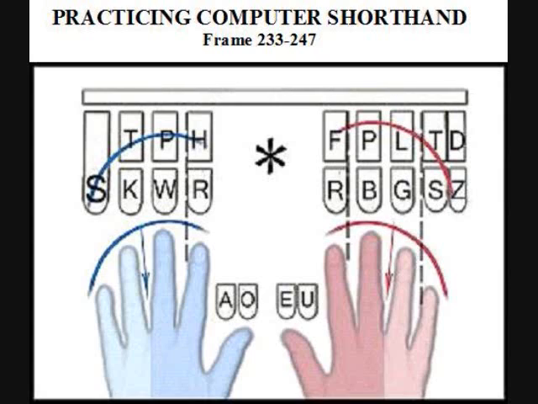Okay, frame 239 is may when it comes first in the phrase.